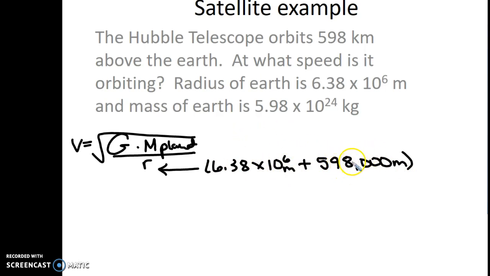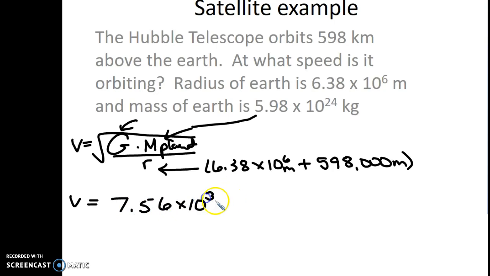We're not exactly going to the center of the telescope, but it's so small compared to Earth that I think that'll be fine. G is that constant, 6.673 times 10 to the negative 11, and the mass of planet Earth is right there. Thanks to Cavendish and Von Jolly, we have that. And when you calculate that, it turns out to be like 7.56 times 10 to the 3 meters per second. Okay.